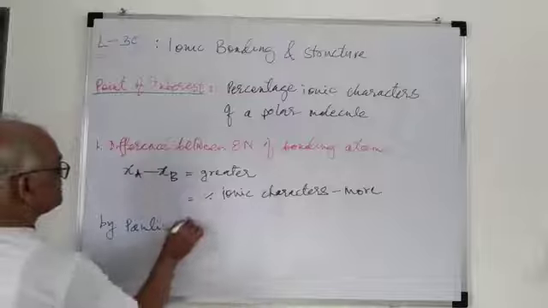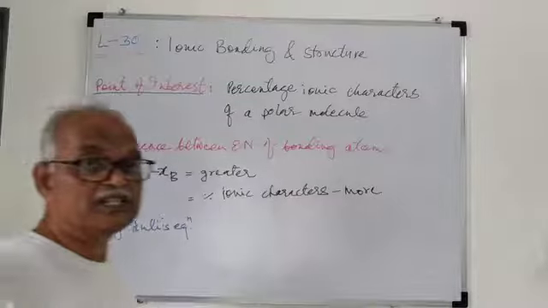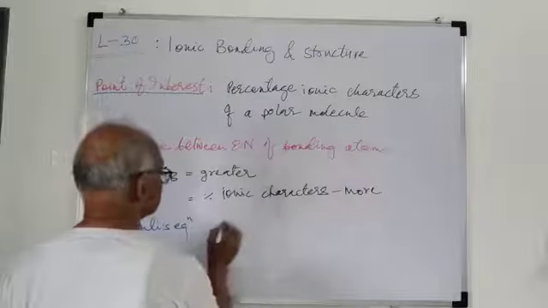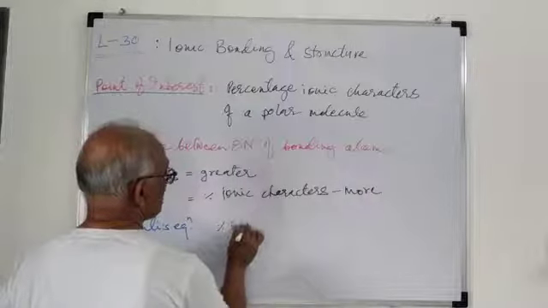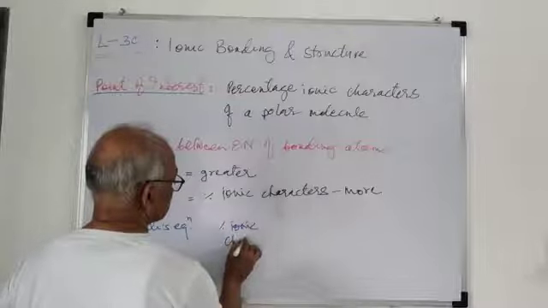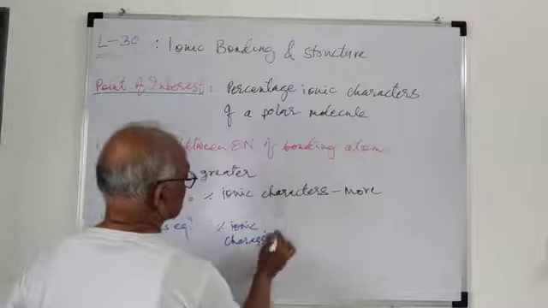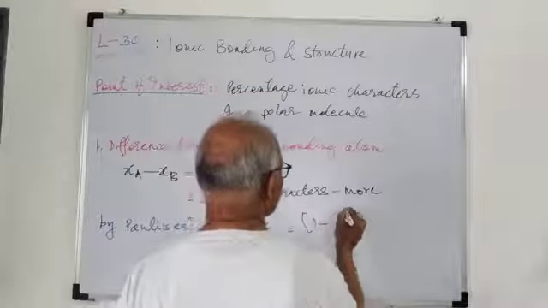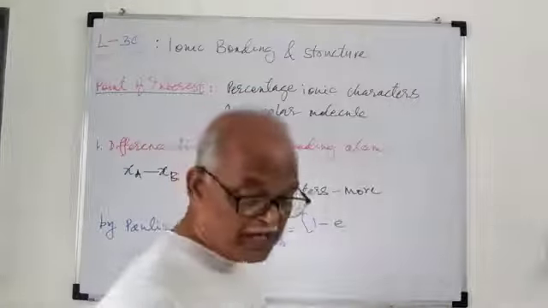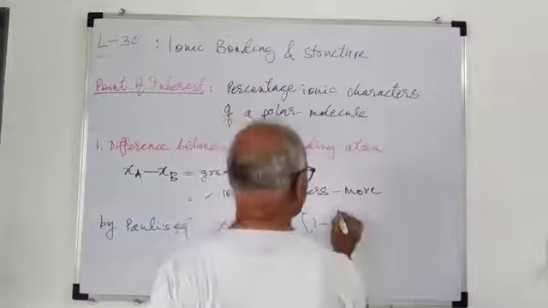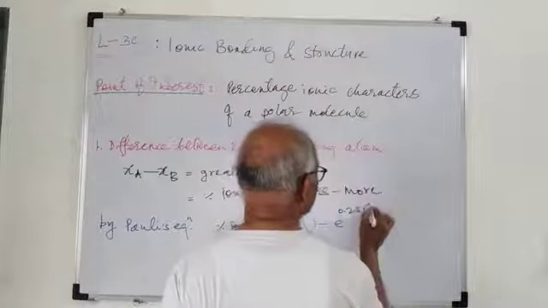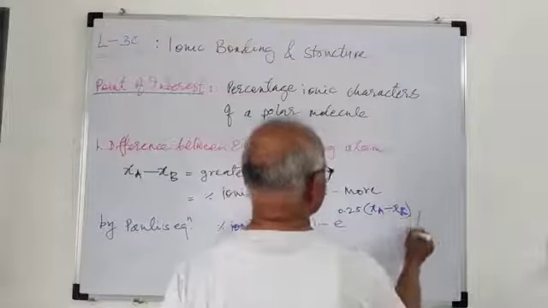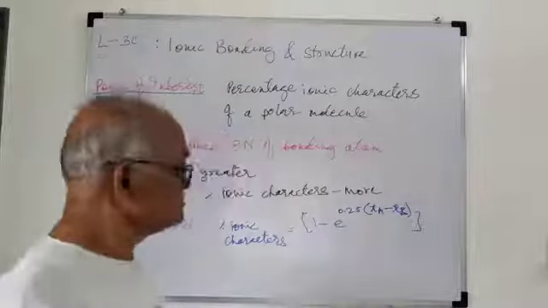So this equation is like this: percent ionic characters equals 1 minus e raised to minus 0.25 into (Xa minus Xb) squared.